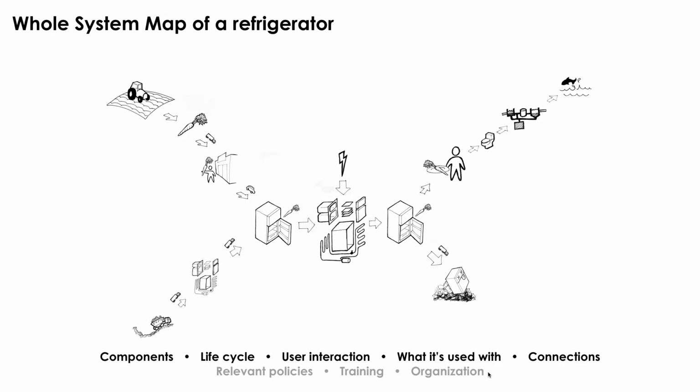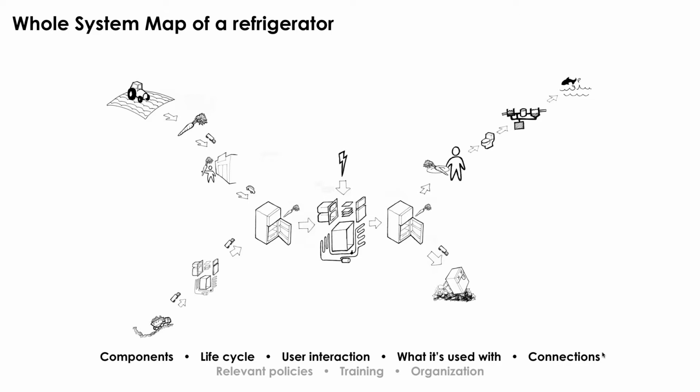So are you using it for a service or software or government organization or things like that? You might consider other things in your system map like relevant policies or training organization. But for normal hardware products, just the things in black are plenty.